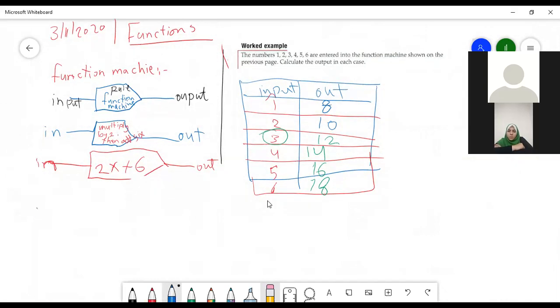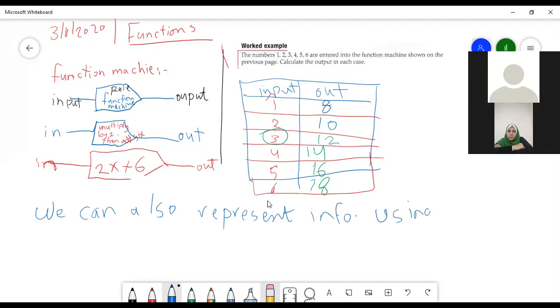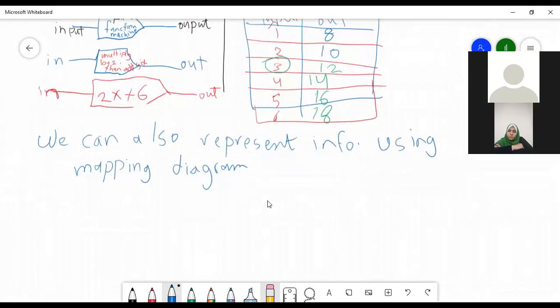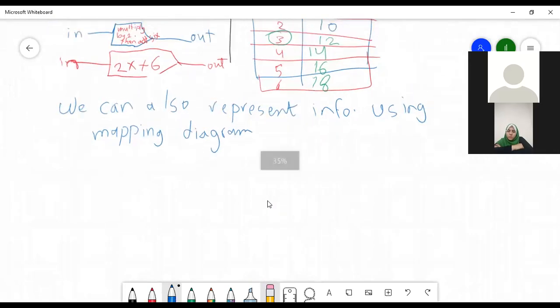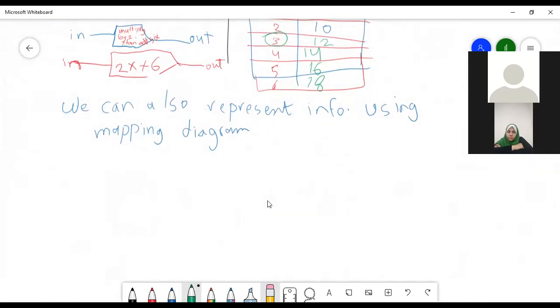So we can also represent information using a mapping diagram. All right. A mapping diagram is like this.